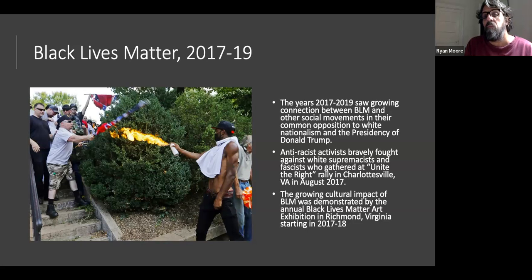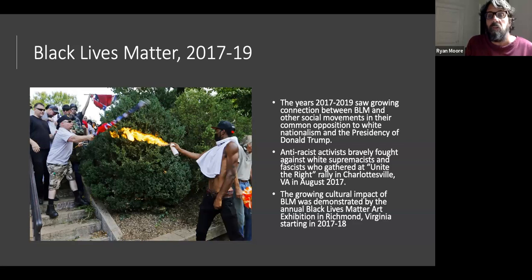So you see the protests at the airports over immigration issues, and then the Unite the Right rally in Charlottesville, Virginia, that also brings together different activist groups against white supremacy. And so then there's this epic battle that takes place in Charlottesville in August of 2017.